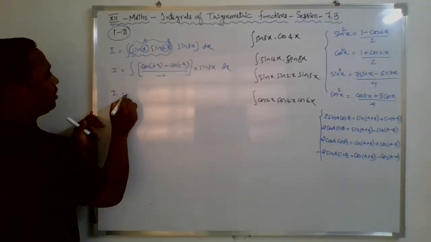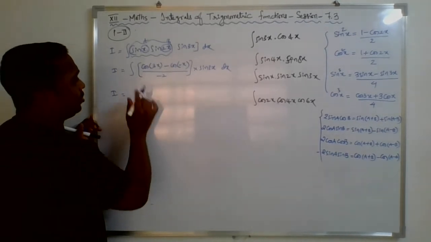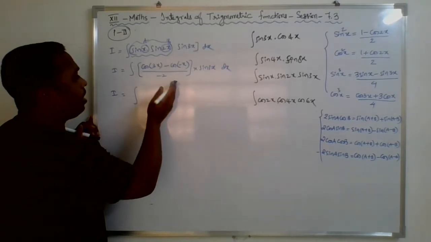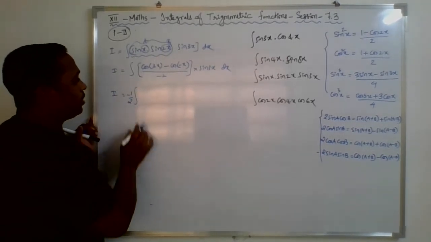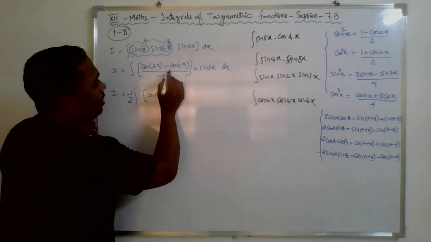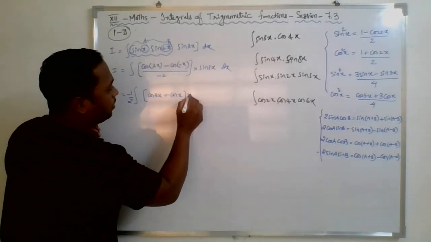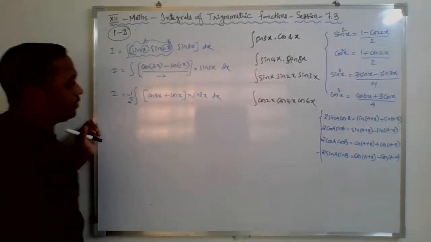So I is equal to, here you can separate the fraction first. Inside it becomes what? 1 by 2 को आप बाहर ले लो, minus 1 by 2 is out. Left with is cos 3x minus into minus plus cos x into sin 3x dx.